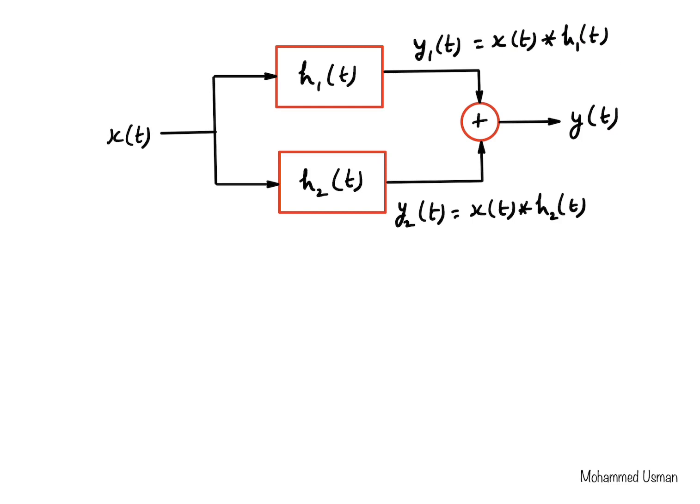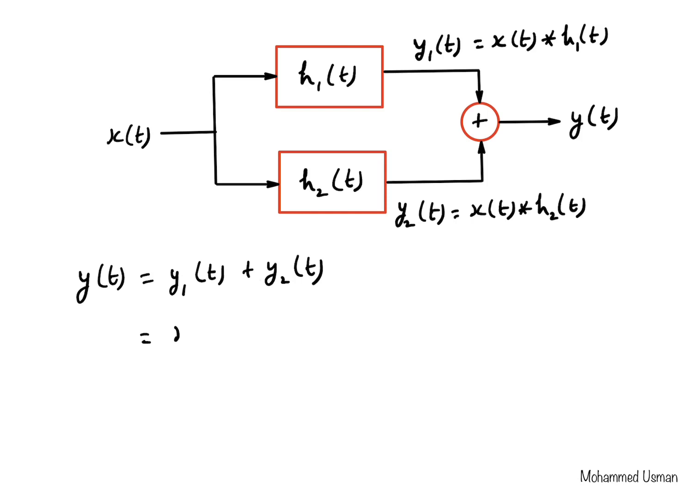Now, the y of t that we have in this system is equal to y1 of t plus y2 of t, because y of t is the sum of y1 and y2.